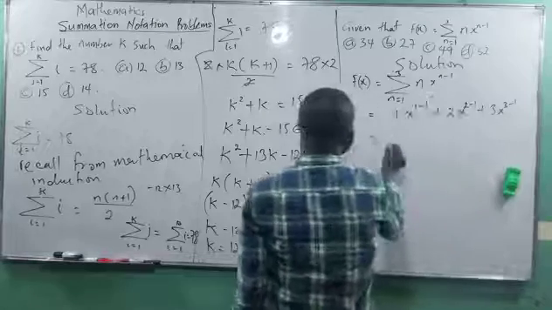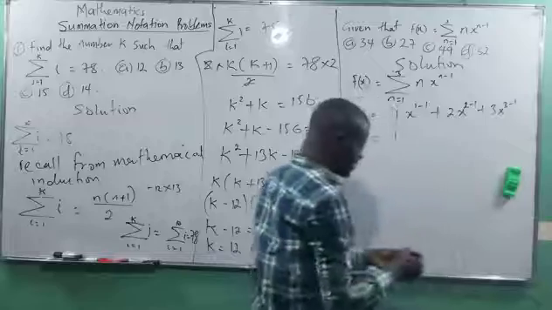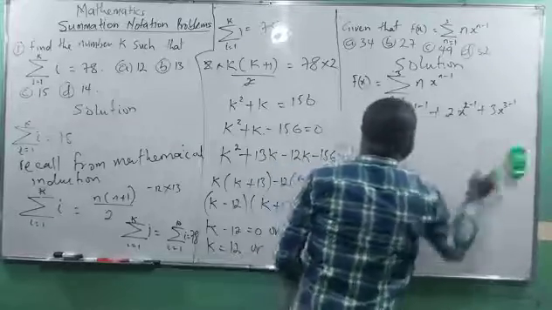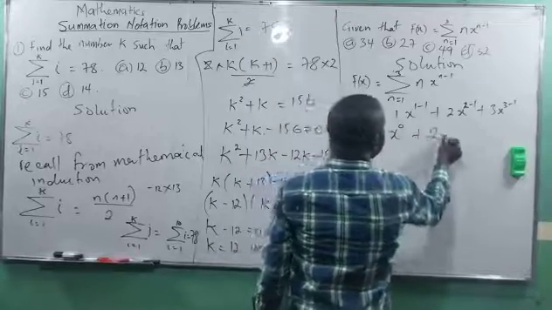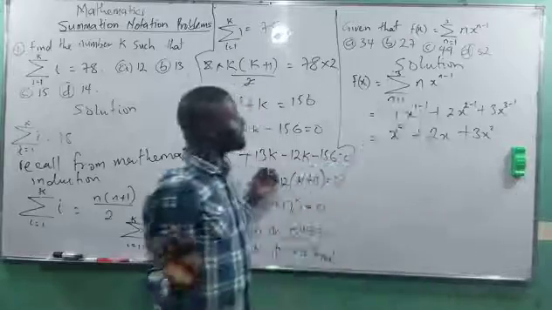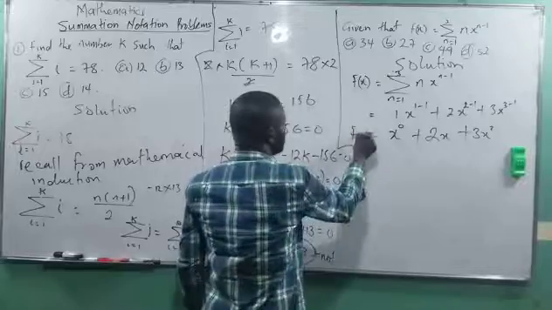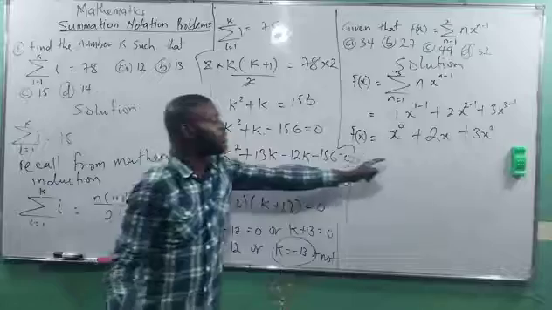At this junction, I'll have x to the power 0 plus 2x plus 3x squared. This is the function I'm talking about.